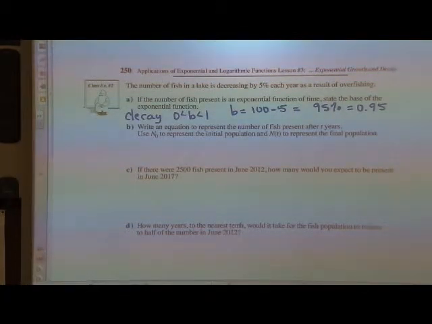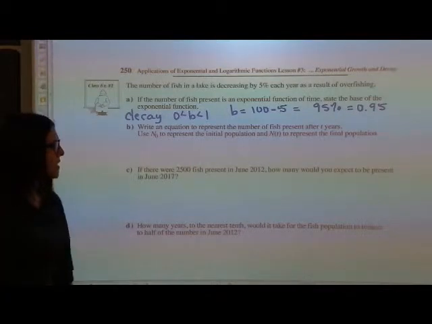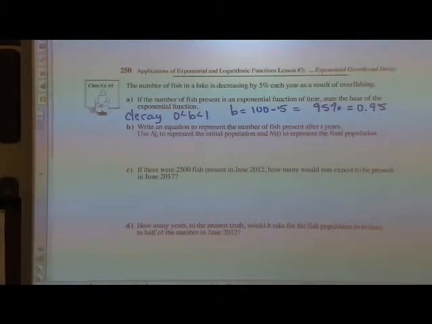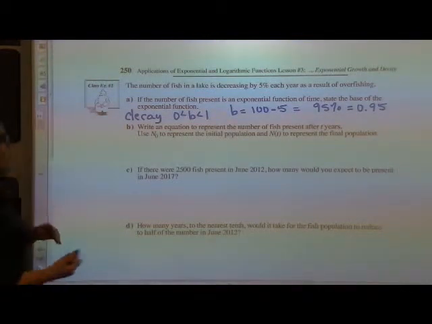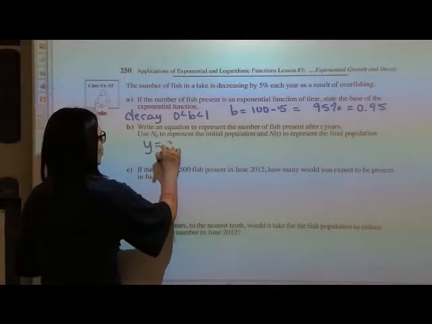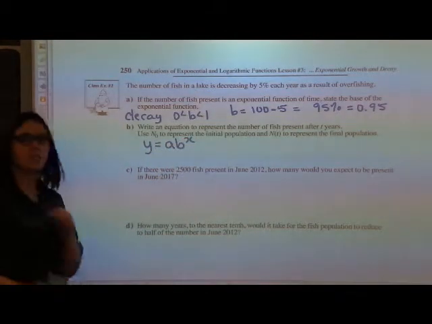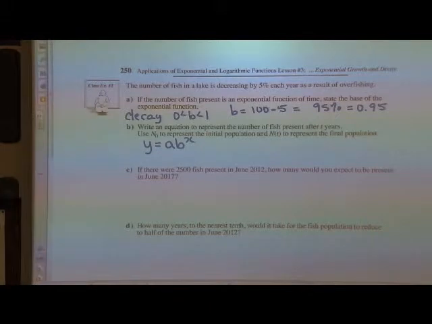So then if I write an equation that I can use to represent the number of fish after t years, where n of 0 is the initial population and n of t is the final population. So we're using our exponential equation, ab to the power of x, but what would y represent in the context of this question?